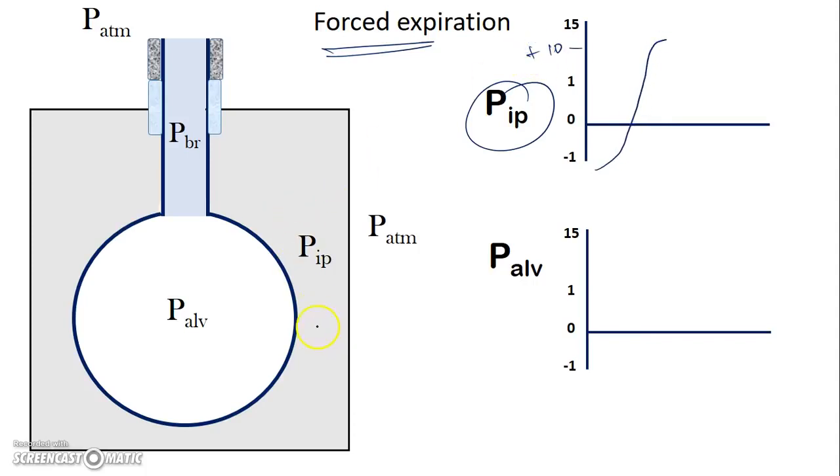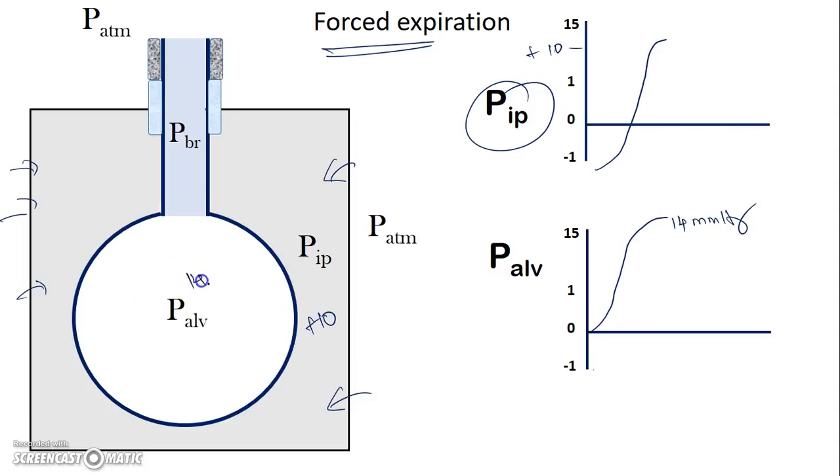The intrapleural pressure has become plus 10, which is higher because of the contraction of the expiratory group of muscles, and then the size of the thoracic cavity has decreased. Now this will cause alveolar pressure also to go from 0 to slightly more than the intrapleural pressure. For example, if this has gone to 10, then this will go to 14 millimeter of mercury peak.